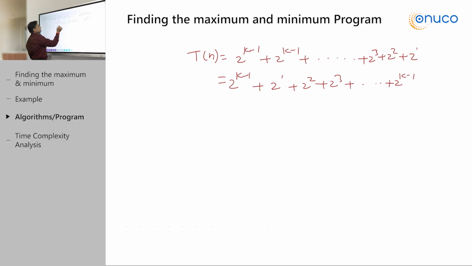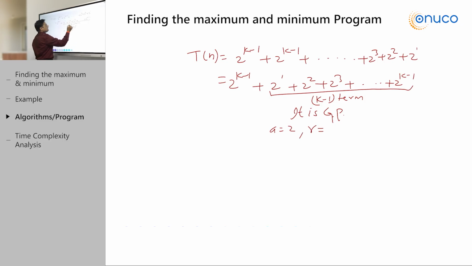Now in this particular case, from here to here, this is k minus 1 terms and it is in GP, geometrical progression. Hence, what is A? A is 2. What is R? R is 2. Next term divided by first term: 4 divided by 2 is 2, 8 divided by 4 is 2. Hence, the common ratio is 2.